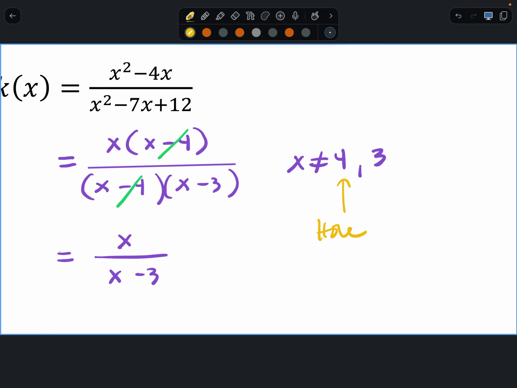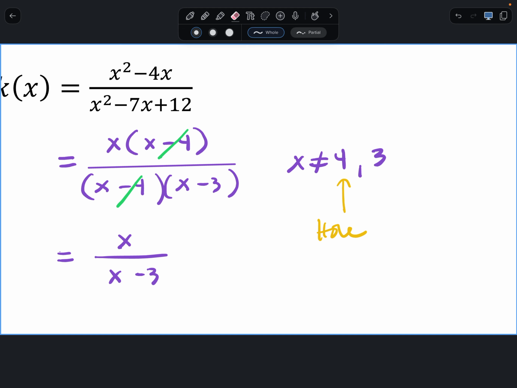Yeah, so if we were to use direct substitution into the simplified version, what happens? What do we get? Into the simplified one? Yeah, if you plug it into the simplified version, what do you get? 4. We get 4.